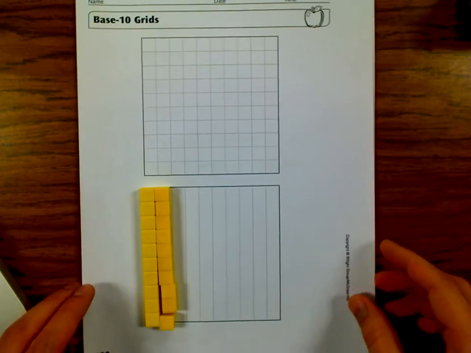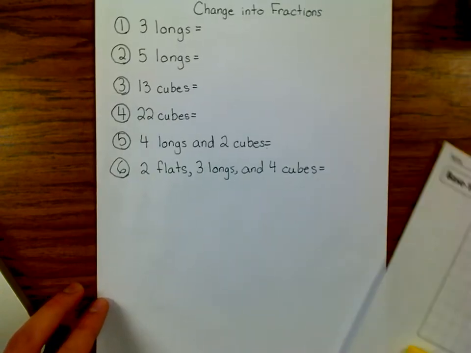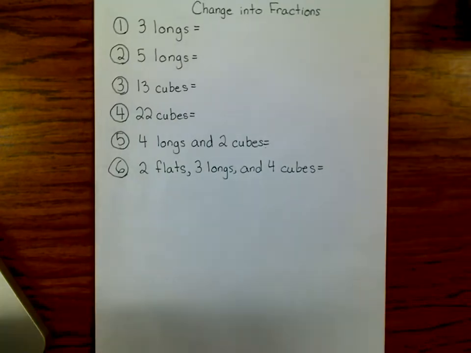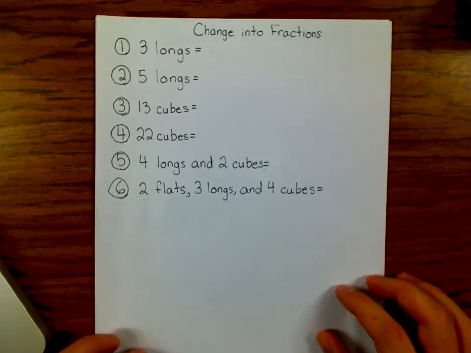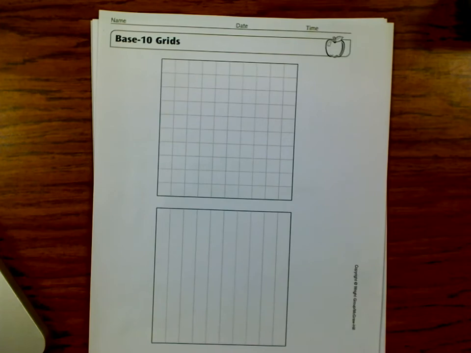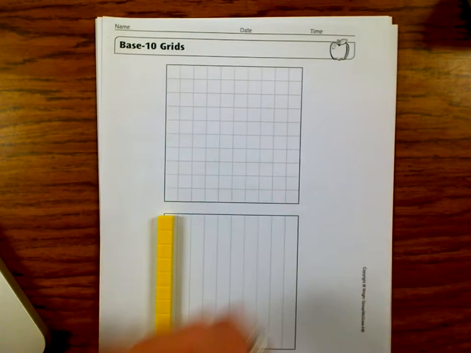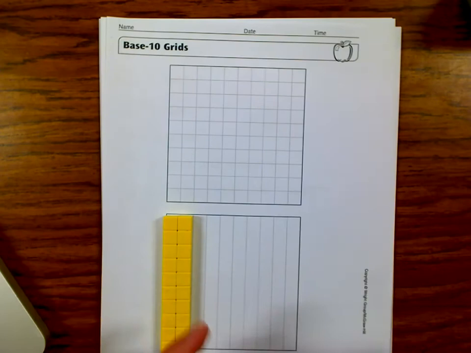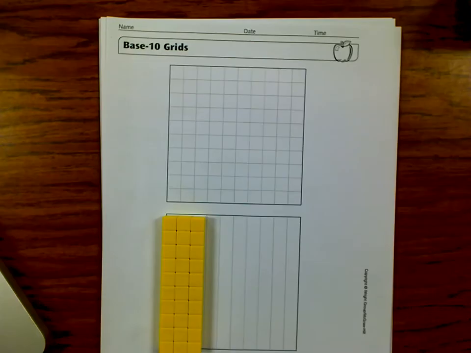Now, let's take this and look at it another way. I'm going to change the longs, cubes, and flats into a fraction. Now, if we had 3 longs and we put it on our grid, we're going to see it would be equal to 1, 2, 3 out of the total of 1, 2, 3, 4, 5, 6, 7, 8, 9, 10 that we would need to create a whole flat.